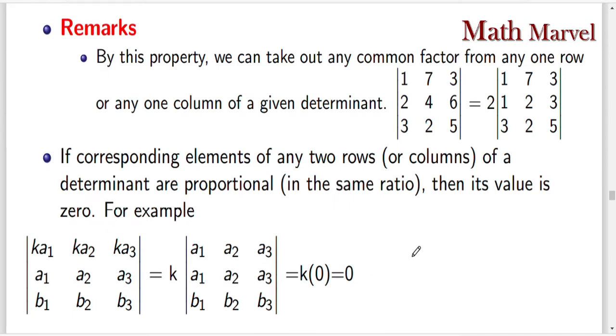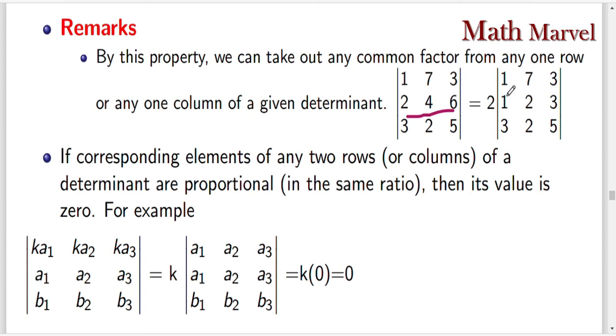From property number 4, we have two remarks that we have to remember. First remark: by this property we can take out any common factor from any one row or any one column of a given determinant. Here one example is given. The first row is 1 7 3, the second is 2 4 6 and the third row is 3 2 5. In this determinant you observe that in the second row we can take 2 common, so take 2 outside.